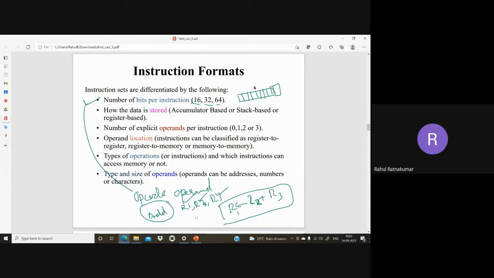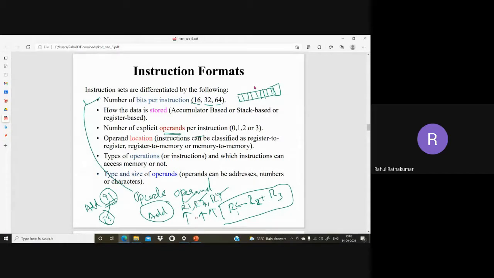So how many explicit operands per instruction? Say for example, here I have three operands, R1, R2, R3. But in the Little Man computer, we are using one operand, right? Where I'm adding a memory location, maybe add 99. That means I'm adding the number stored in location 99 with the number on the calculator screen. So it has only one memory operand.